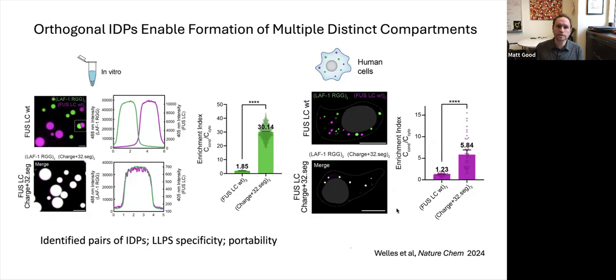And so these results seem portable, but really the conclusion from this is that there are sets of IDPs or IDRs that have the ability to form discrete condensed phases, and this is dependent on features of their sequence that we could tune.